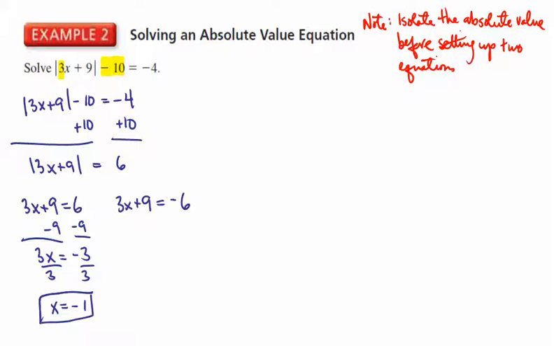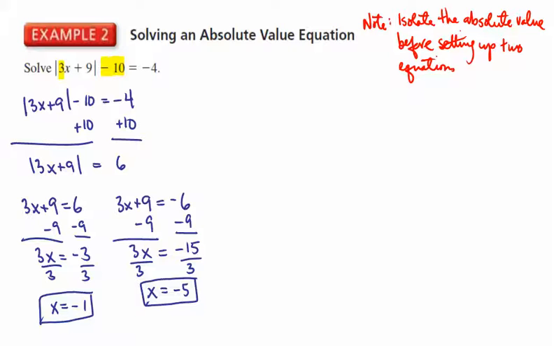That's one of the values that satisfies this equation. For the second equation, subtract 9 on both sides, we get 3x is equal to negative 15. Dividing both sides by 3, x is equal to negative 5. These are the two values of x that will make that true.